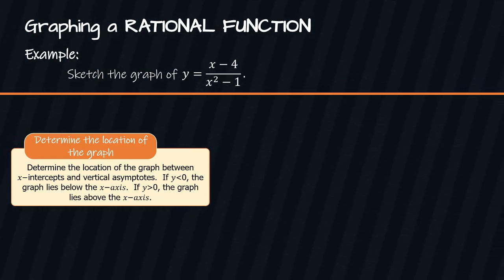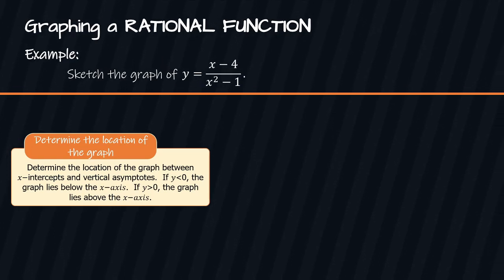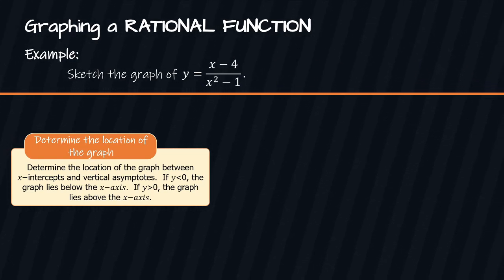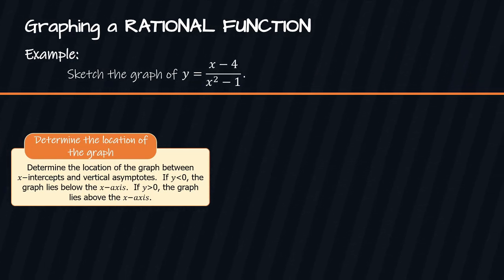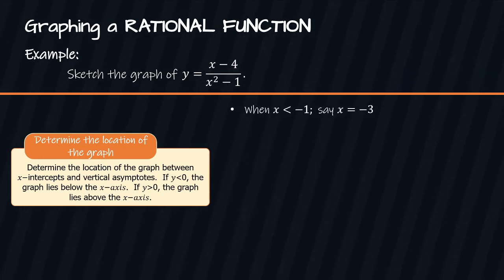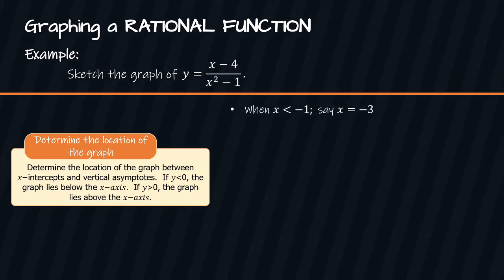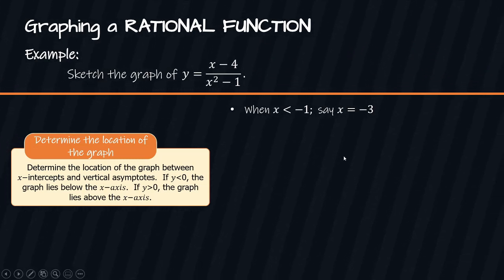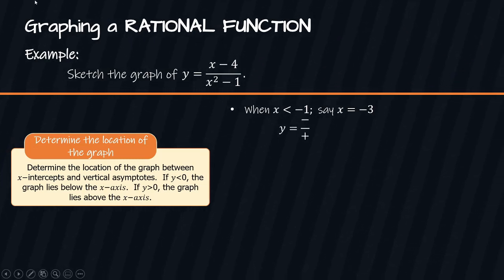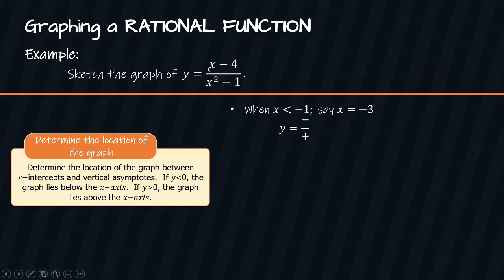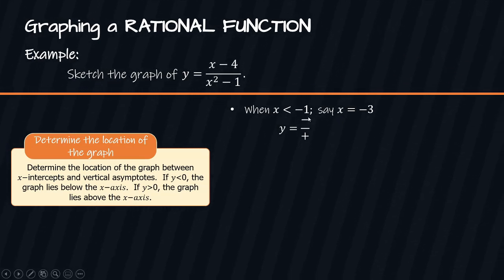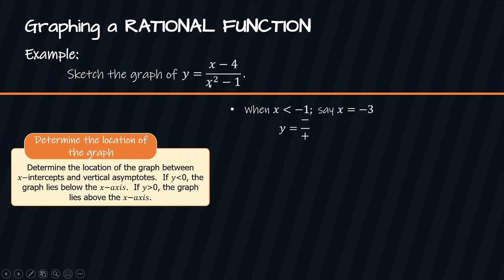If y is less than 0, the graph lies below the x-axis. If y is greater than 0, the graph lies above the x-axis. So when x is less than negative 1, say x equals negative 3, the numerator gives us a negative value.